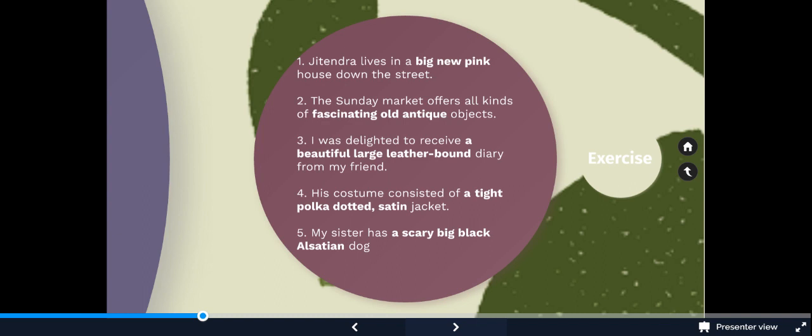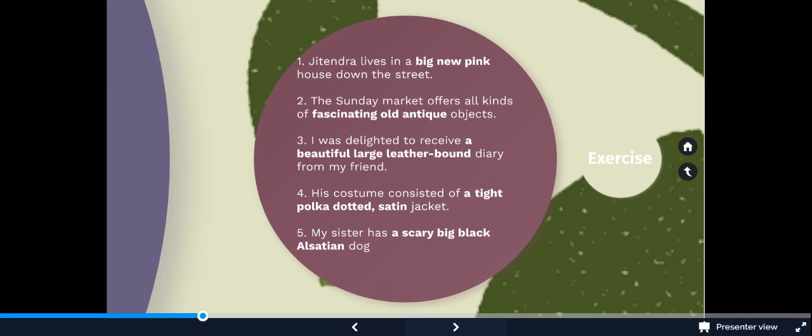Big shows the size of the house, new the age of the house, and pink the color of the house. The Sunday market offers all kinds of fascinating old antique objects. Again, the adjectives are fascinating, old, antique. Fascinating is certainly an opinion. Old, antique denotes the age of the object.